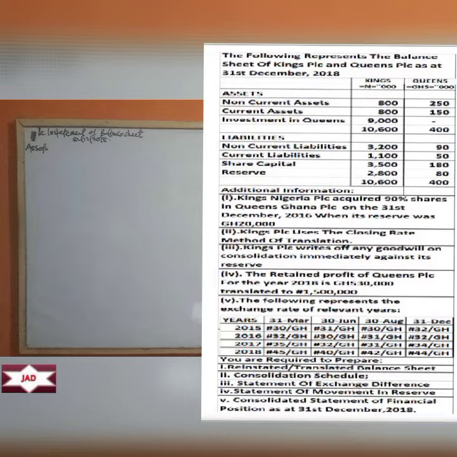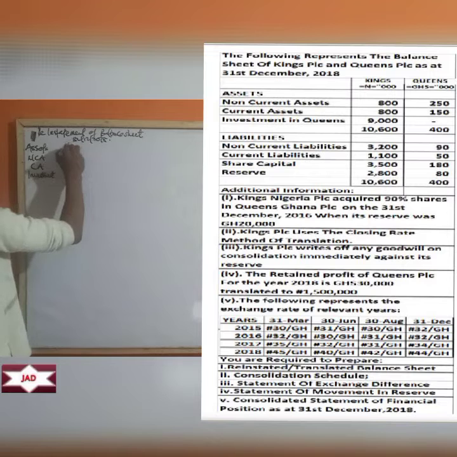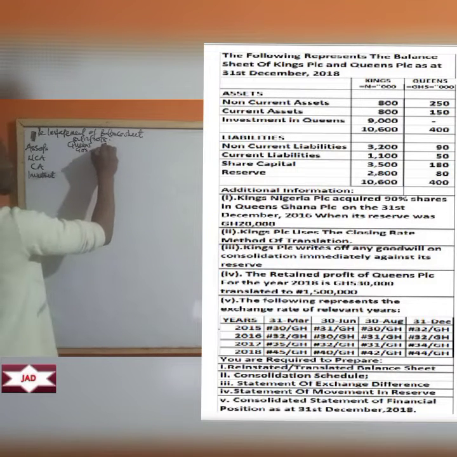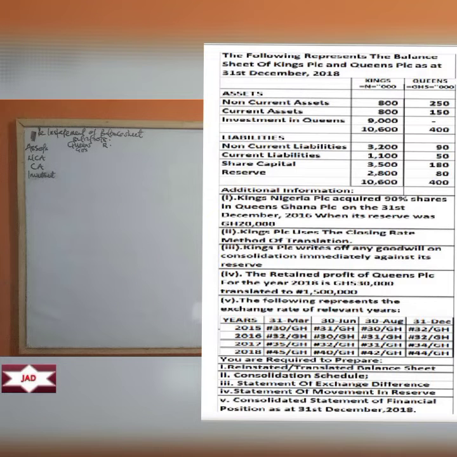We have non-current assets, current assets, investment in coins. Of course this will be Queens, Ghanaian cedis. We're going to have the rate here. We have 250, we have 150.